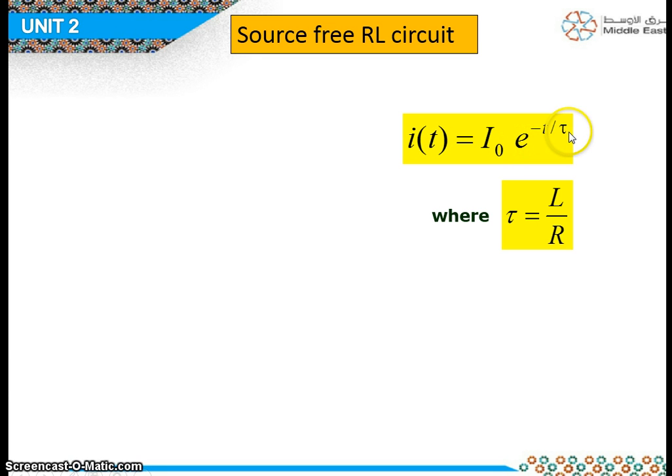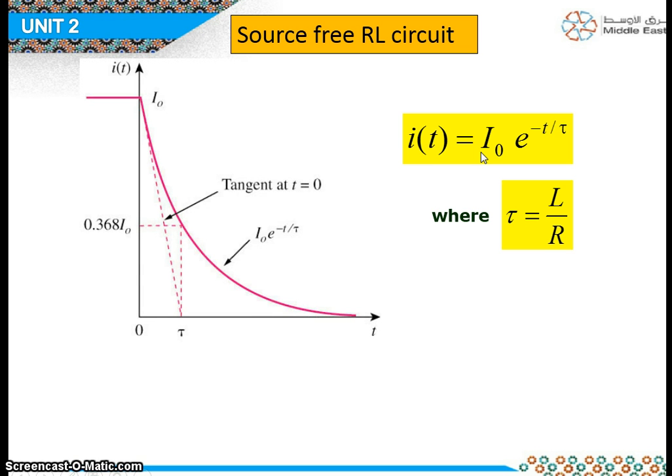The only thing is, the value of tau is different, and this is for a current equation and that was for a voltage equation. So this is the exponential decay curve for the current through an RL circuit. Tau is defined as, here again, the time required for the response to reach 36.8% of the maximum value.